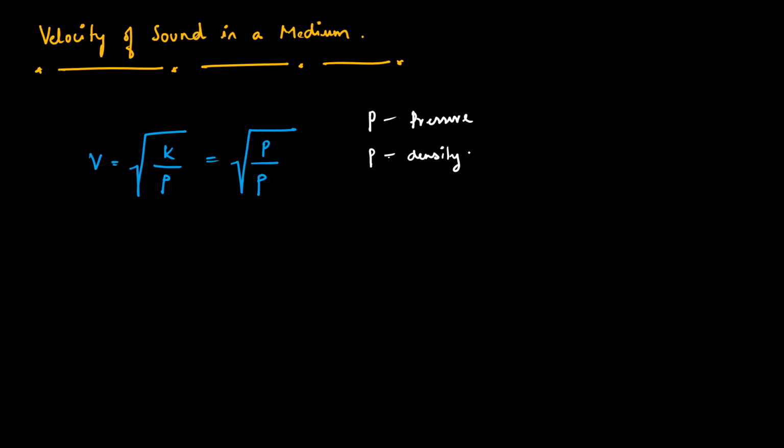Don't get confused here. And k is your bulk modulus. So usually in your numericals these will be given to you. So basically the velocity of sound will depend upon the pressure and bulk modulus, of course density as well.